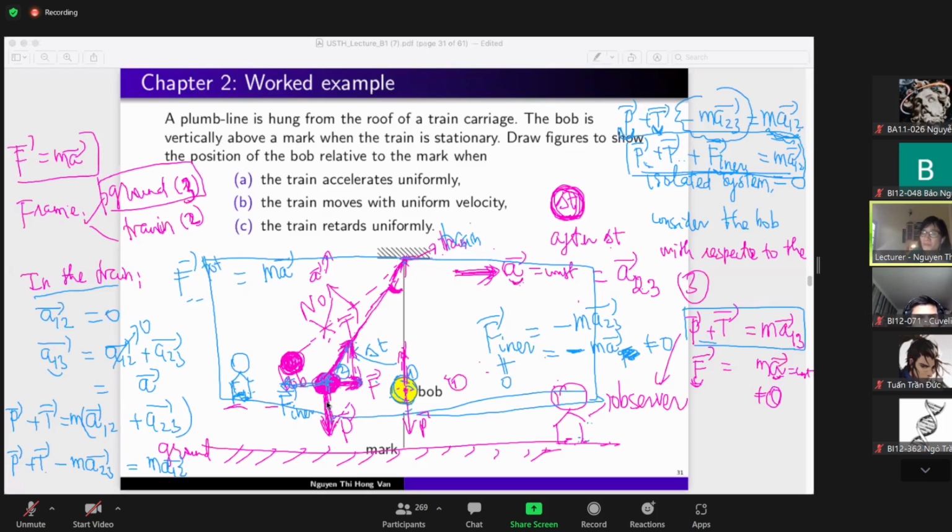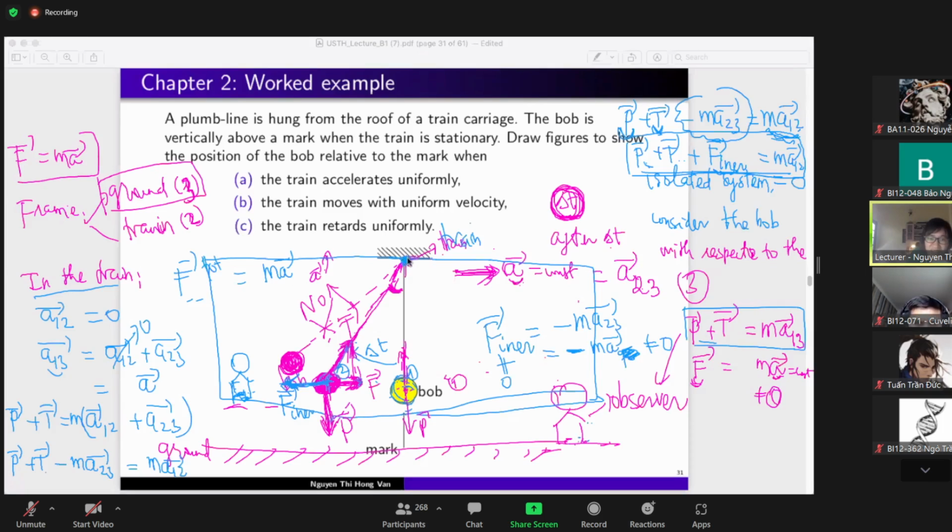And then you see here, in the frame of the train, this force is acting in this direction, and because of this force, it makes the bob move from here to the left. It's okay. And this point Y is still here because this point is fixed to the train.